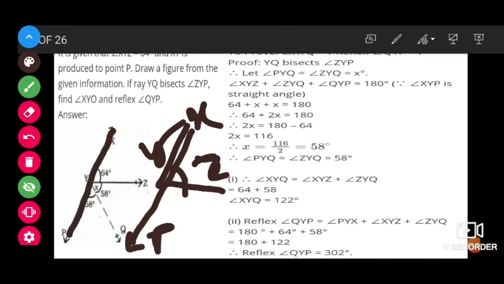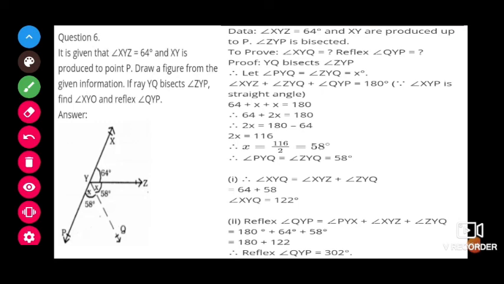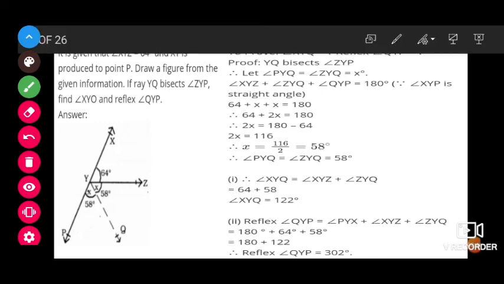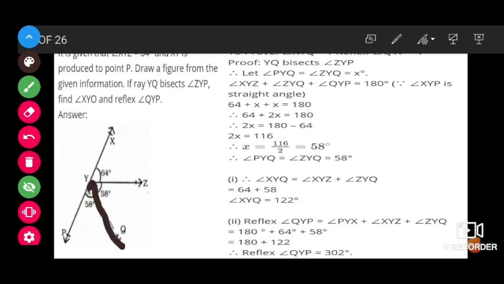And one more line we have to draw from our side, YQ, which will bisect angle PYZ into two equal parts.